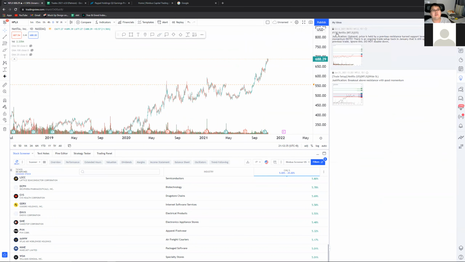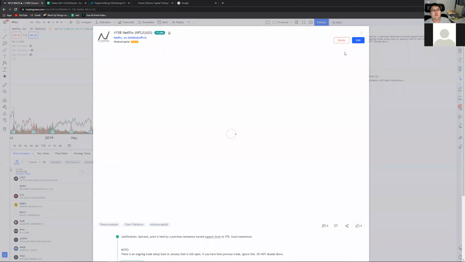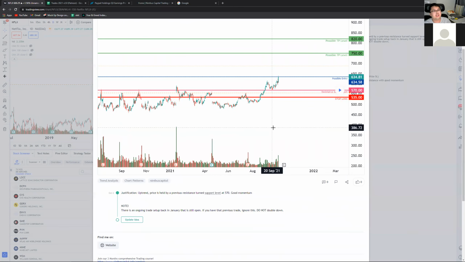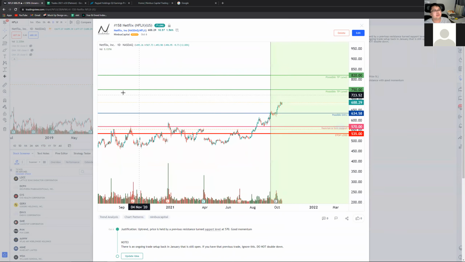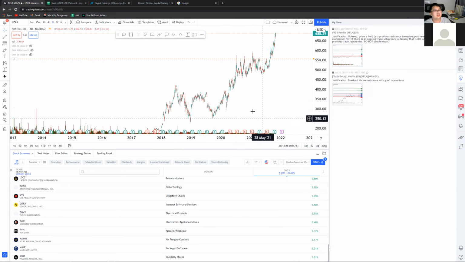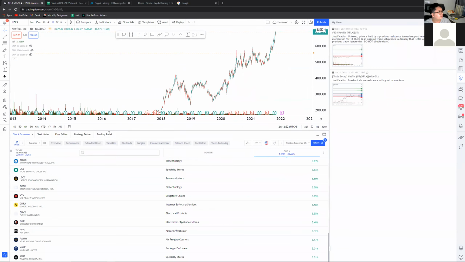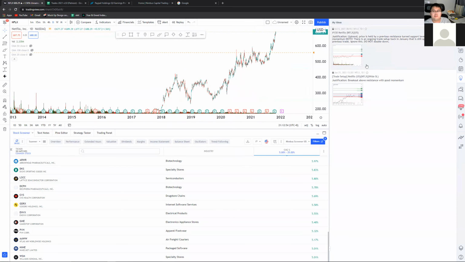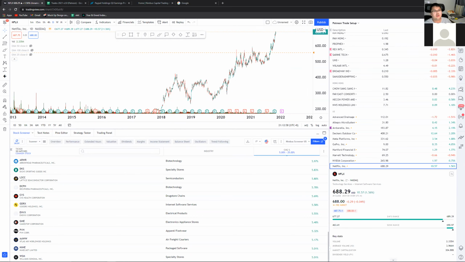The latest trade on Netflix, which was on October 6th, very recently, you can see that it is a very nice uptrend. And of course, counters like NVIDIA also. Most of the time, trend is the most important.